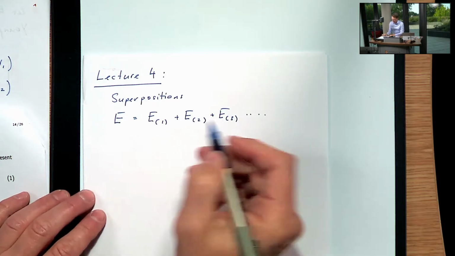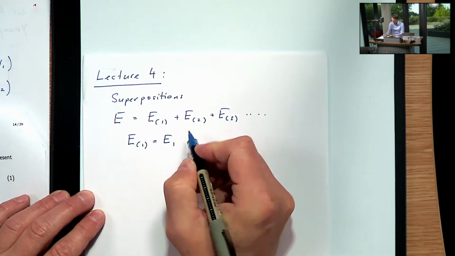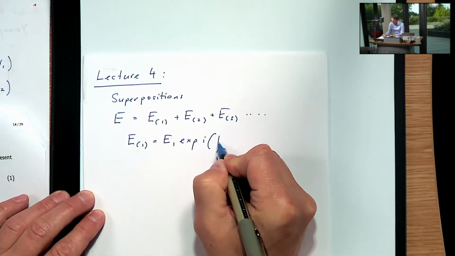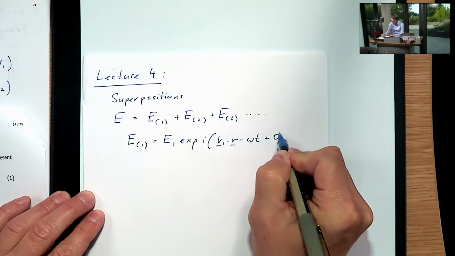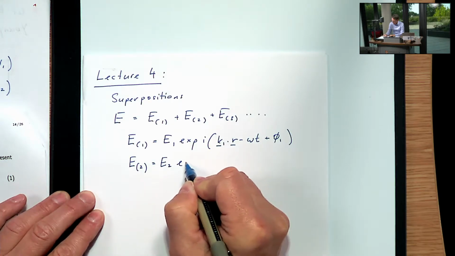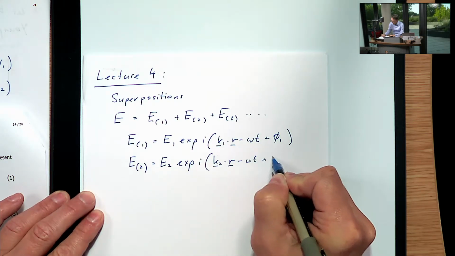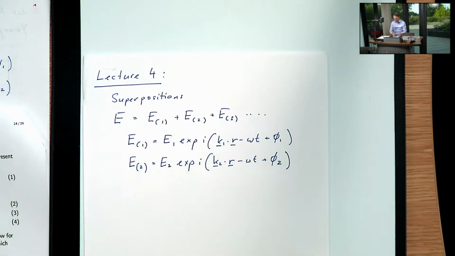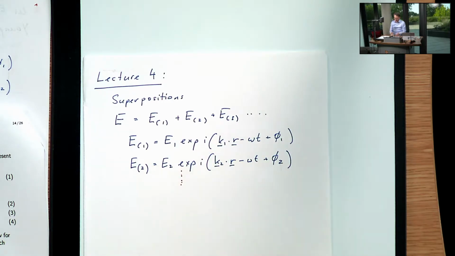Then if my individual fields have an amplitude E1 exp i(K1 · R − ωt + φ1), and the second wave has an amplitude E2 exp i(K2 · R − ωt + φ2), and so on for the different fields, then the sum of those is also a solution to the wave equation.